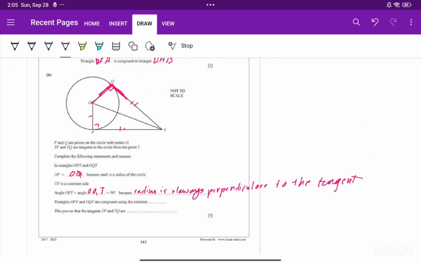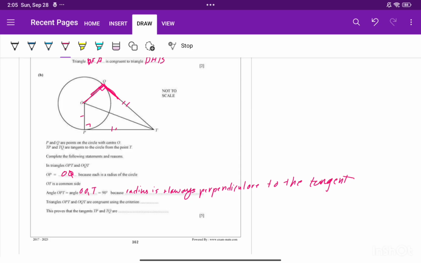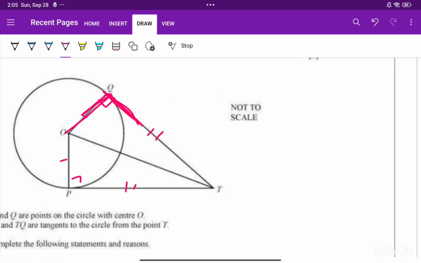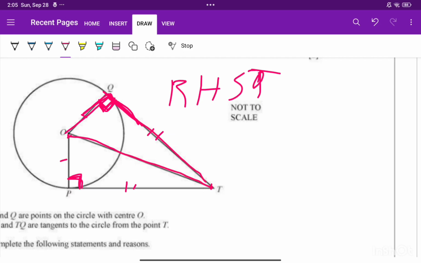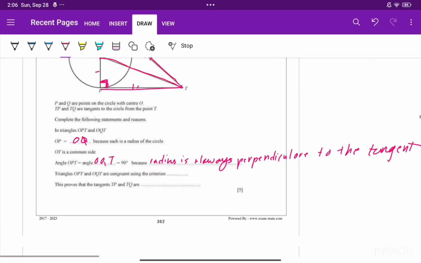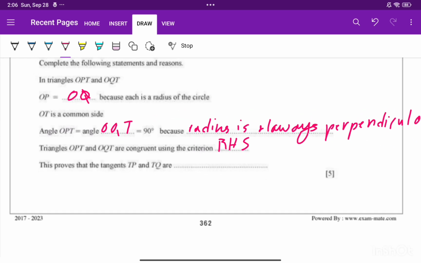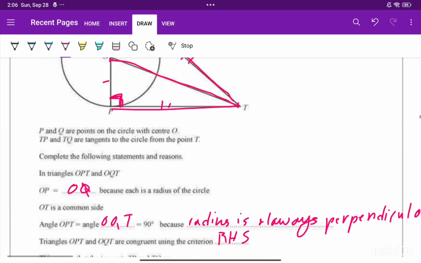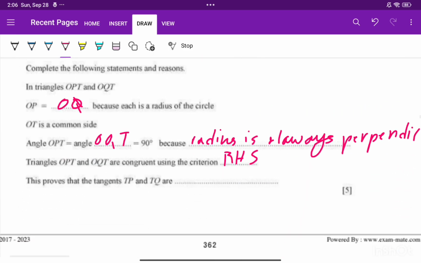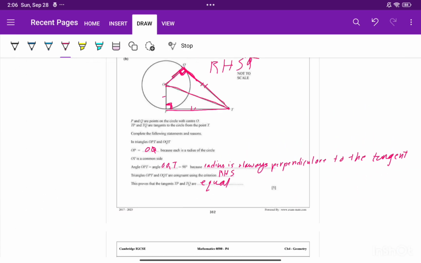Okay, triangles OPT and OQT are congruent using the criteria RHS. Why? Because it is a right angle triangle, the hypotenuse is same, and the sides are also same, QT and PT, which is same. So we will write RHS. This proves that the tangents TP and TQ are equal. Thank you.